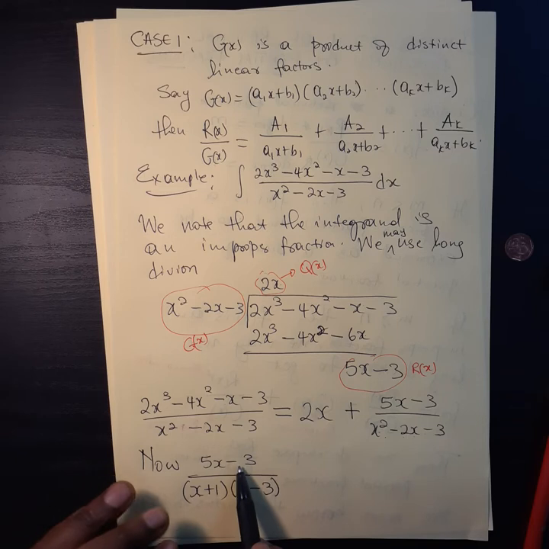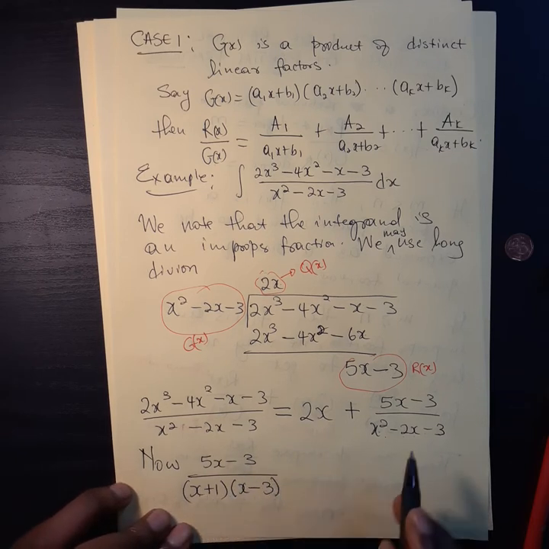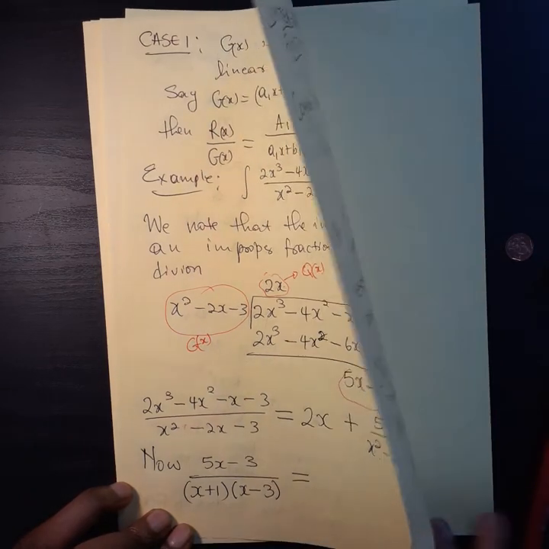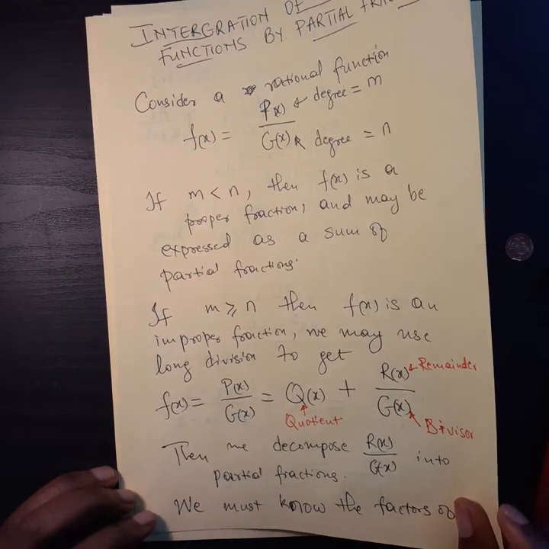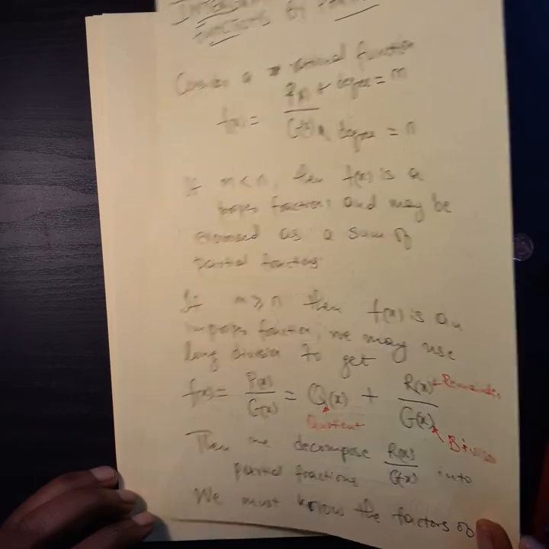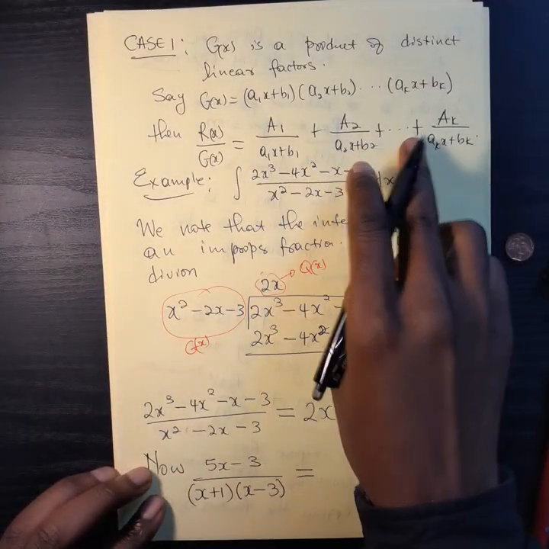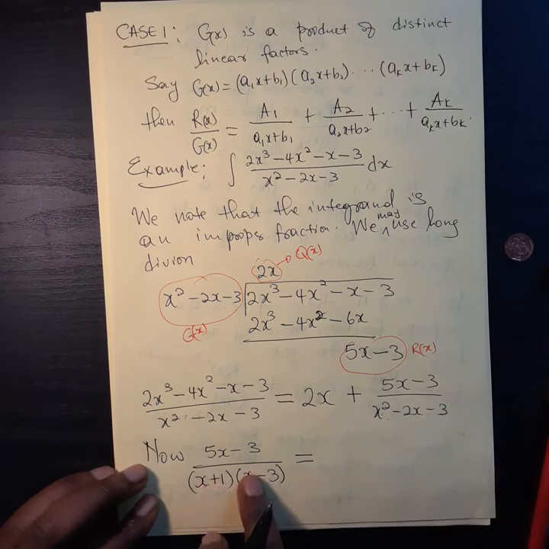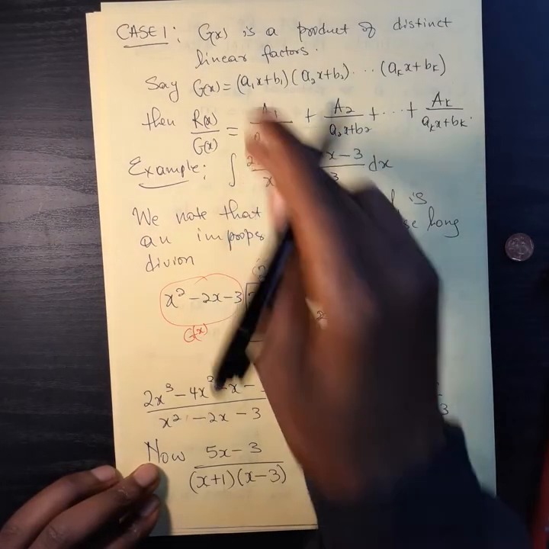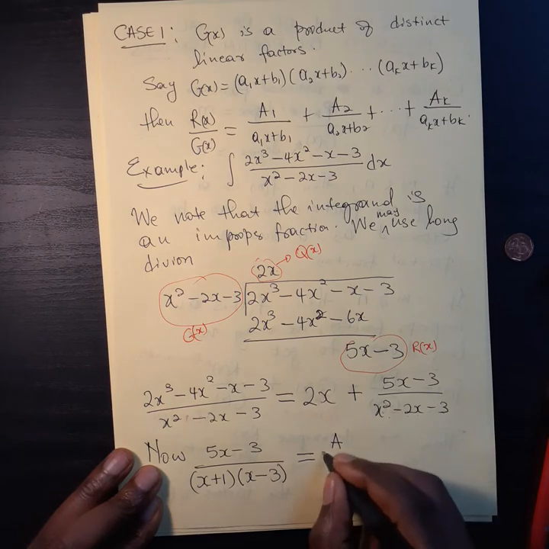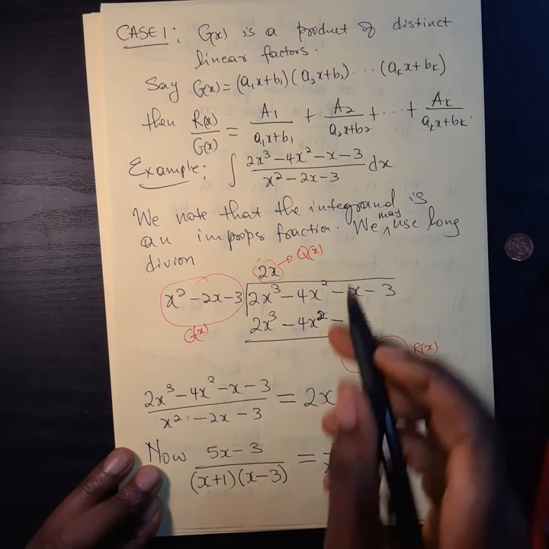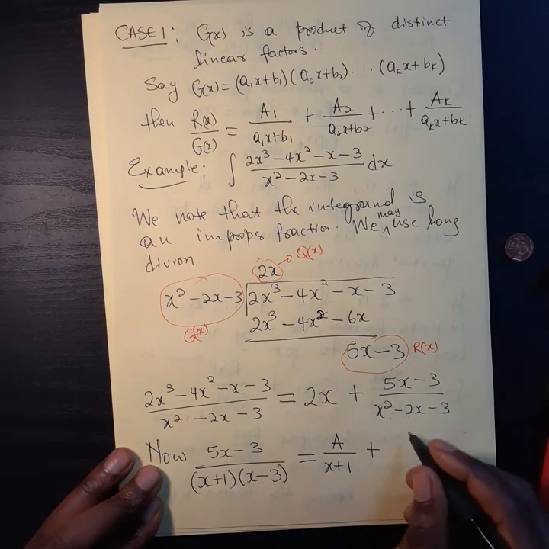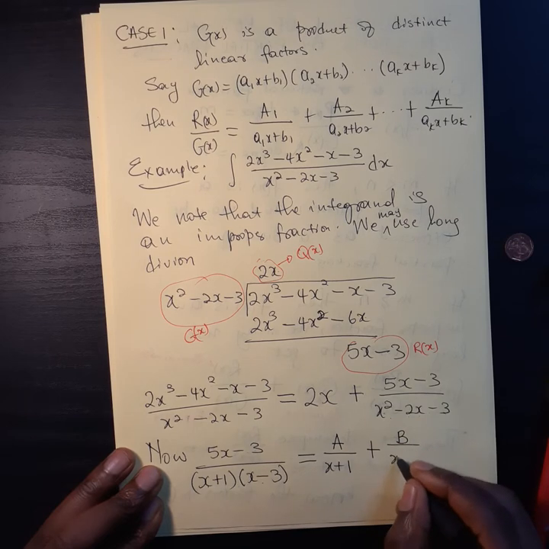So we factorize that. It is like this, and then it will be equal to, and we recall that now if we have it like this, we may have a constant. Let us just call it a over x plus 1 plus another constant b over x minus 3.